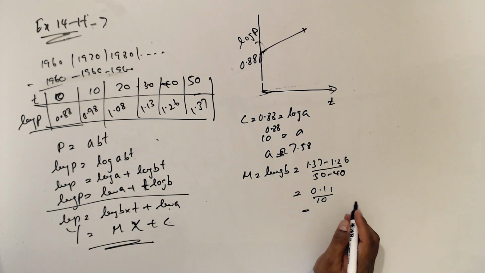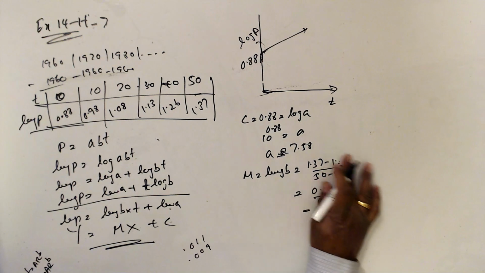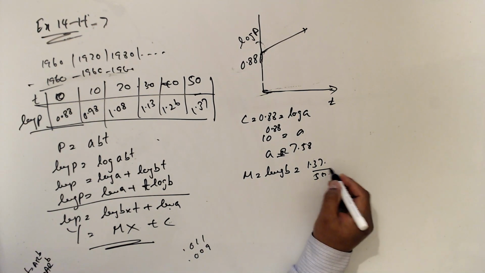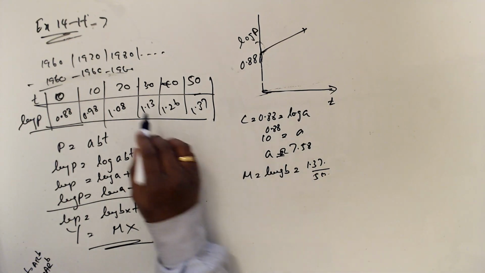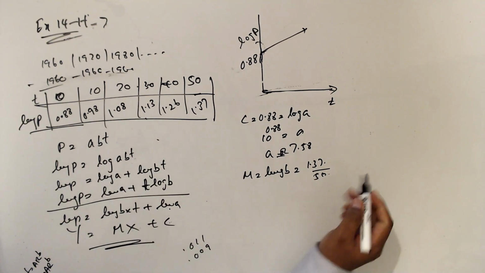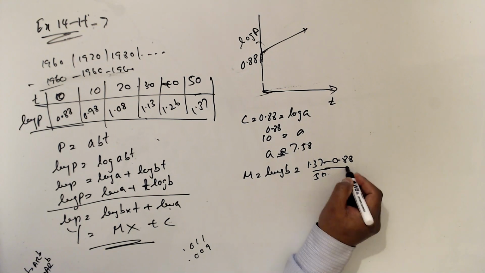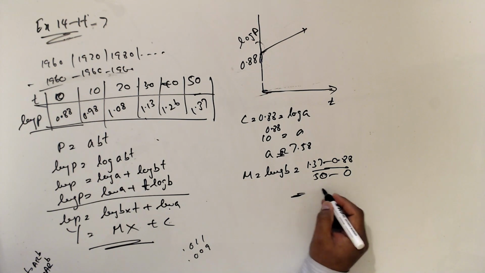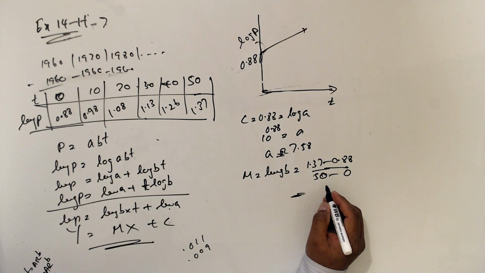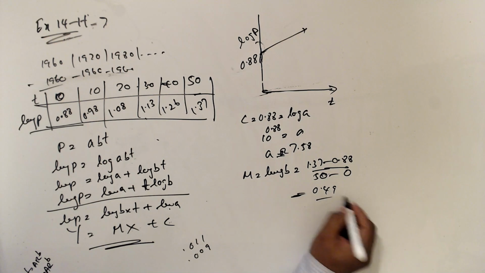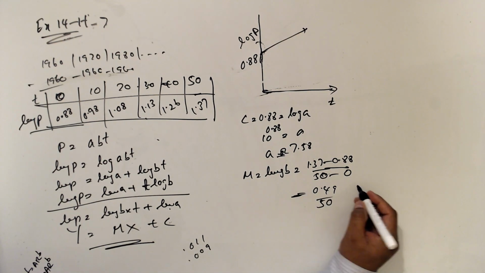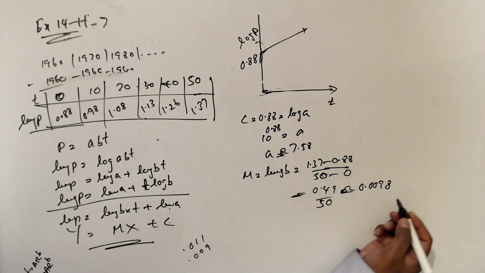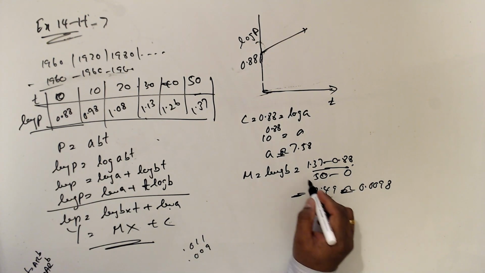Let me take a good gap: 1.37 minus 0.88, taking the last one, and 0, that is 50. Approximately this is going to be 0.0098, all approximated values.